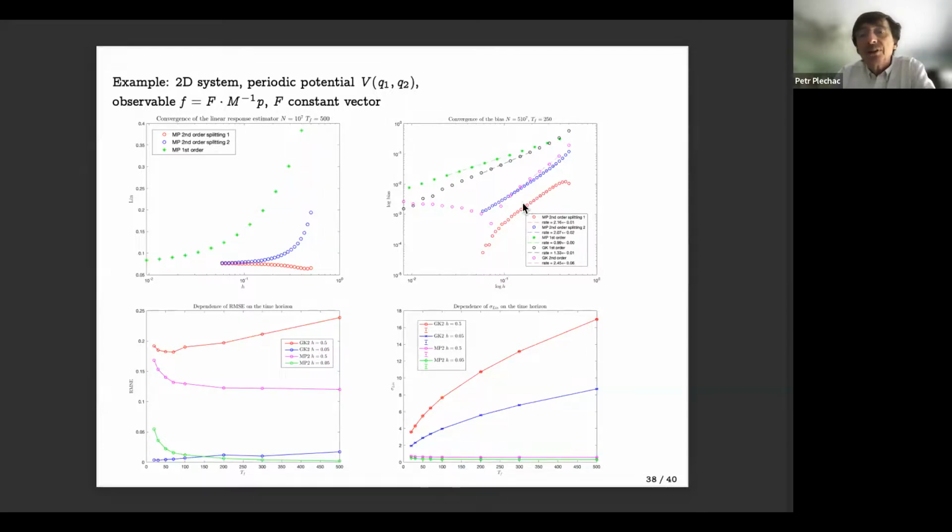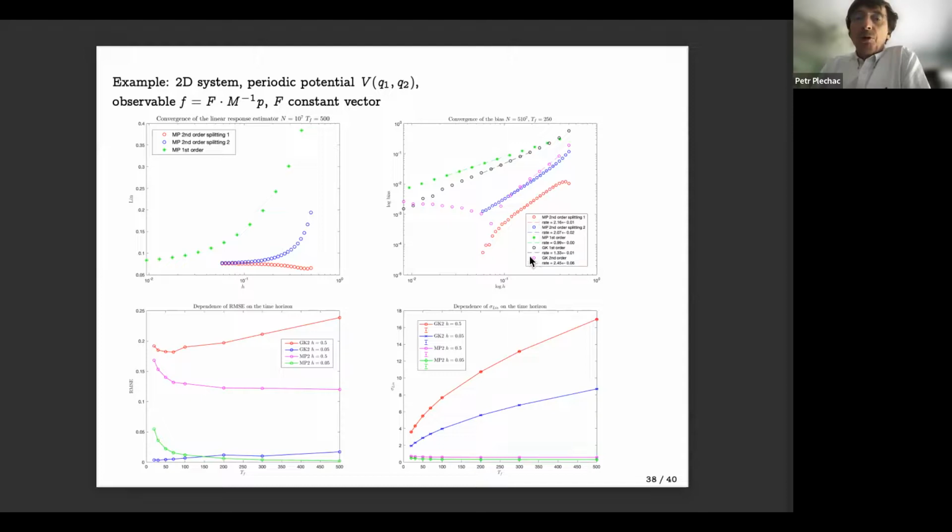So we see that the second order approximation really recovers the second order rate in bias for this martingale product estimator. That's what we call these new types of estimators.